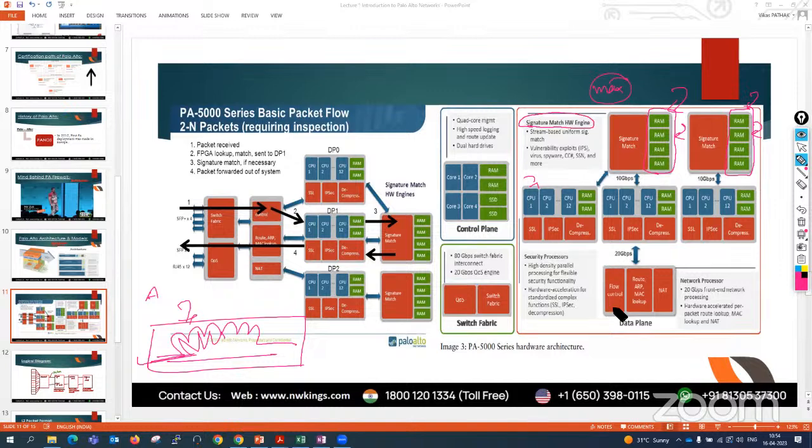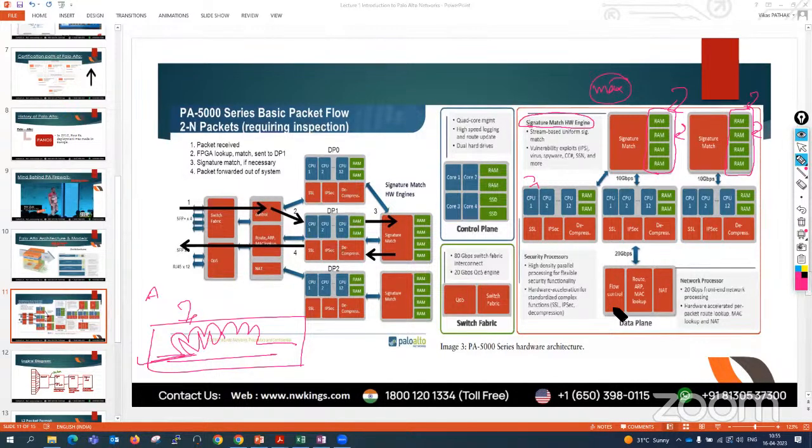Yeah. Right? Are you able to understand what the network processor will do? Yes. And when the data plane processes the traffic, how it can process the packet differently? Yes. Are you able to understand where my data plane will hand over the traffic, and when the traffic goes to signature match, how it will process the traffic, and why it has so many RAMs?